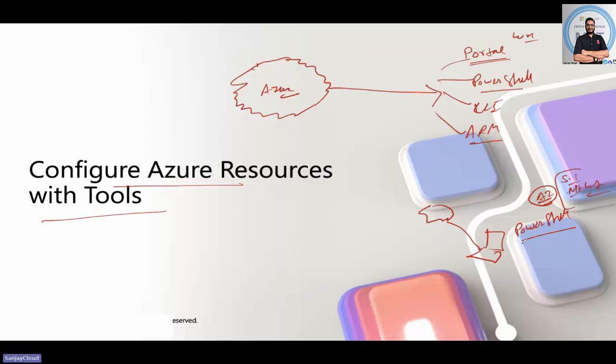This would be prerequisite dependencies to use local system PowerShell. Or I can use CLI command prompt, local system command prompt, where I need to download Azure tool, AZ CLI tool on my local system. Then I would be able to make calls from my local system to Azure Cloud.